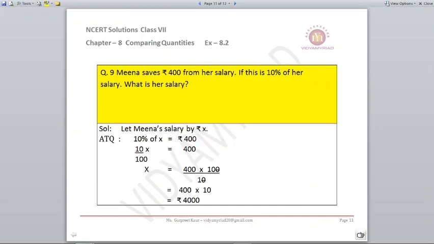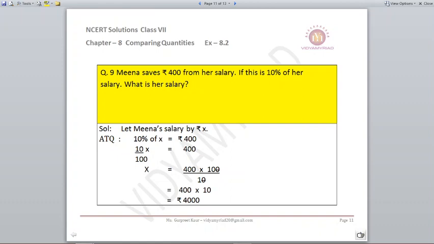Question number 9. Meena saves rupees 400 from her salary. If this is 10% of her salary, what is her salary? We don't know what the total salary is. So let us assume Meena's salary to be X. And Meena saved 400. This 400 is 10% of the salary. What is the salary?